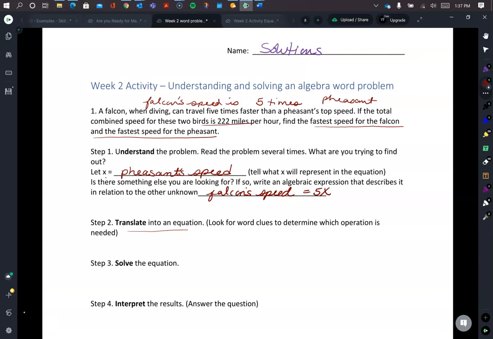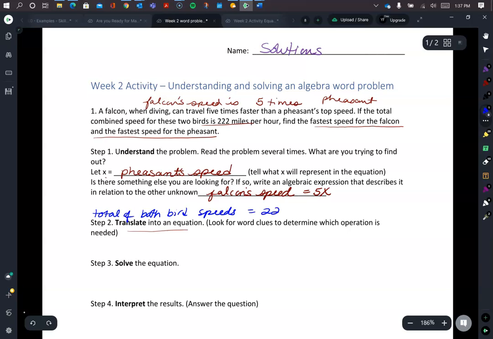Step 2 is translate into an equation. So now we know a couple of other things. We know that the total, I'm just going to jot down a little note here about the total speeds: total of both bird speeds equals 222. So that's the combined total.